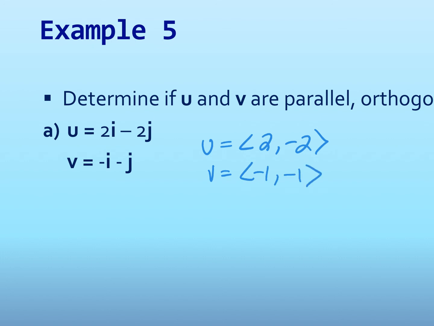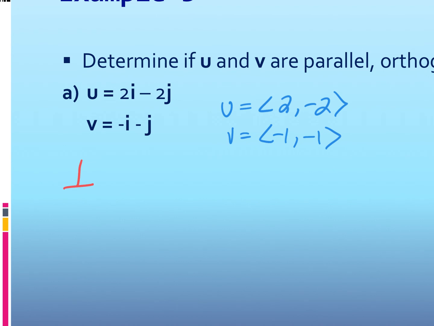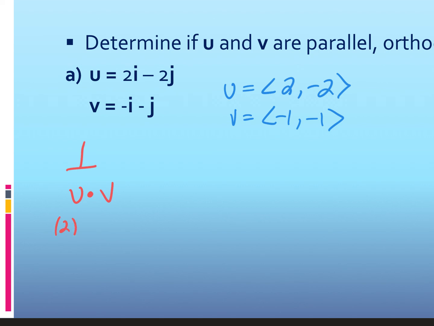All right, so let's first see if they're perpendicular or orthogonal. How do I find out if they're orthogonal again? What do we find? The dot product, right? We're going to find the dot product of u and v. So we have 2 times negative 1 plus what?